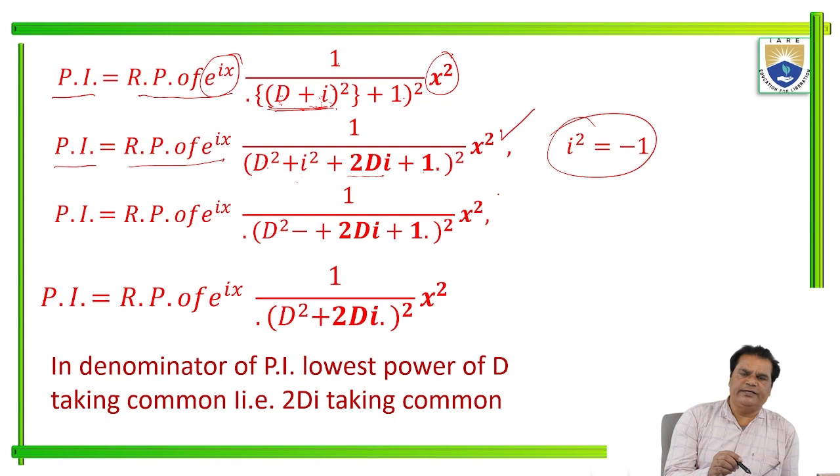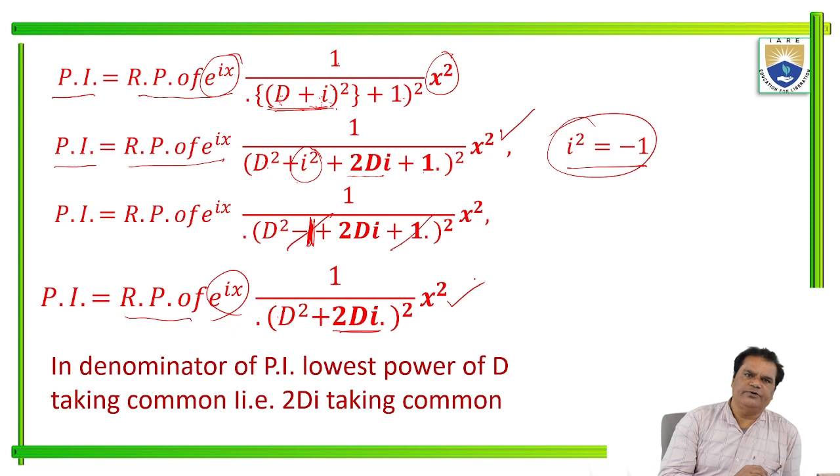We know that i square is minus 1, so putting i square as minus 1, the 1 and minus 1 cancel. So we get the real part of e to the power ix times 1 upon (D square plus 2Di) whole square into x square.